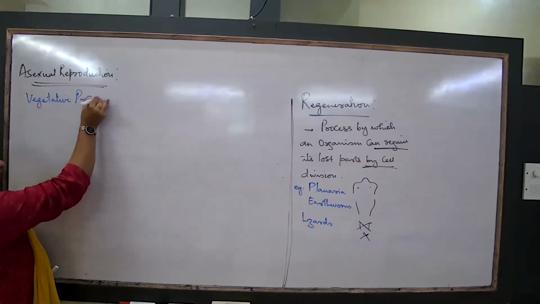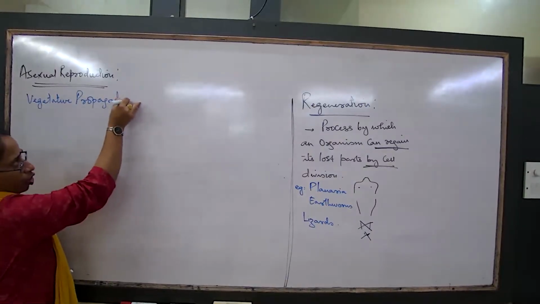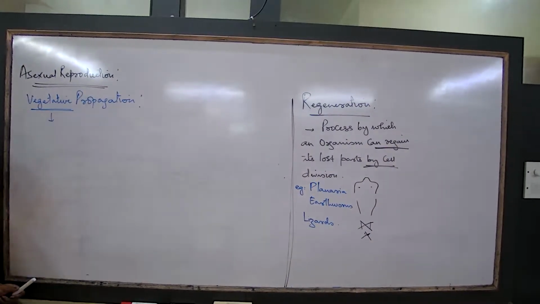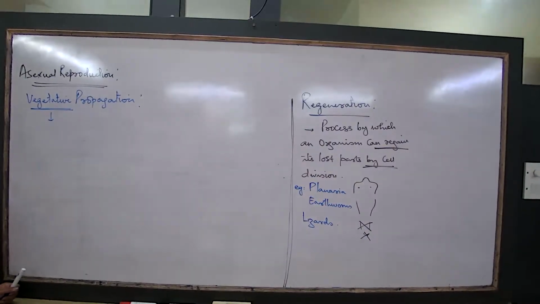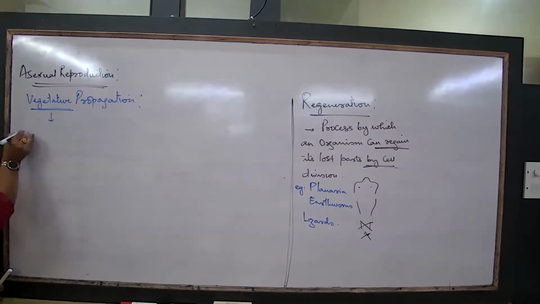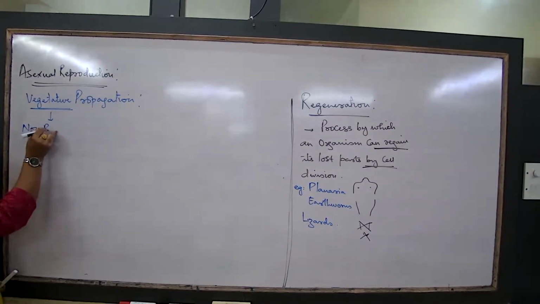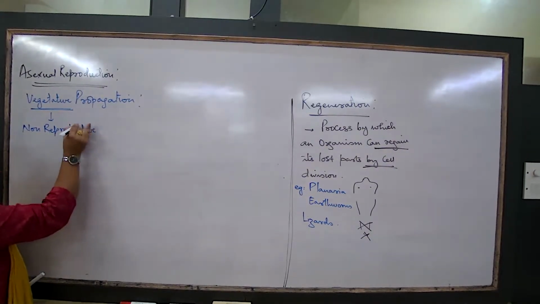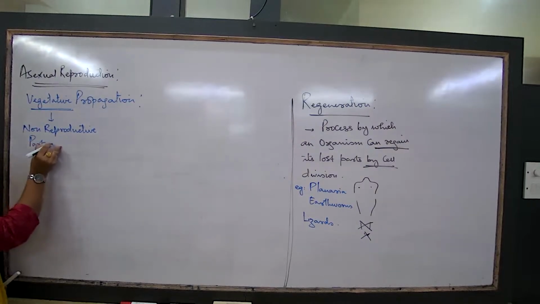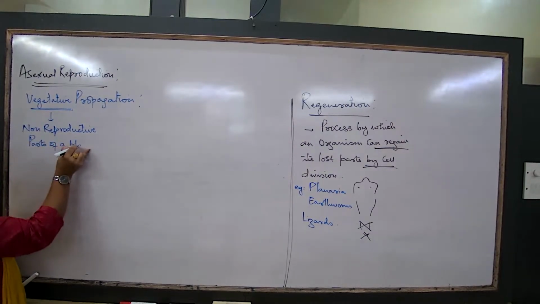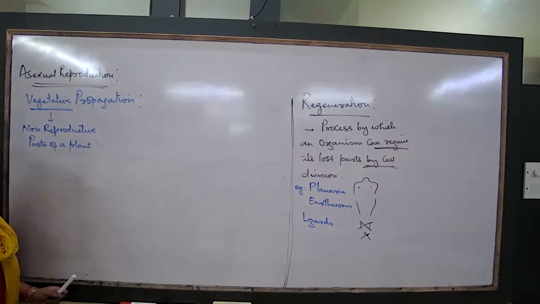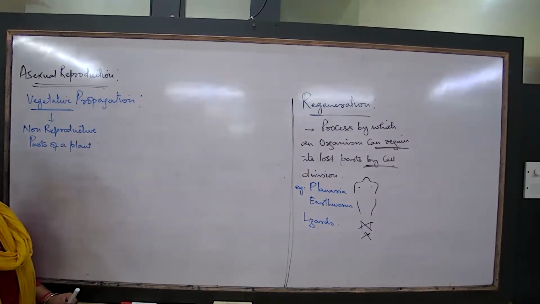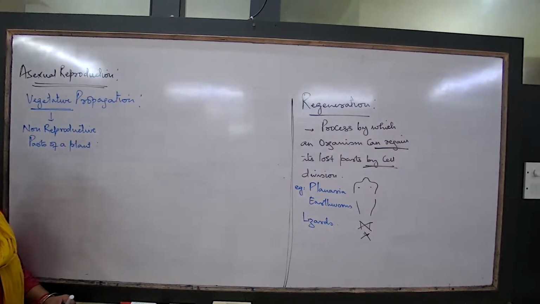Propagation simply means to multiply, to grow in large numbers. Vegetative, what is the meaning of vegetative? The non-reproductive parts of a plant. Which are the non-reproductive parts of a plant? The stem, the root and the leaf.